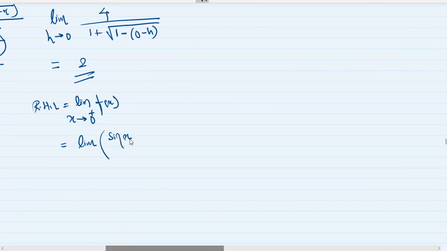So sin x upon x plus cos x when x tends to 0 plus.